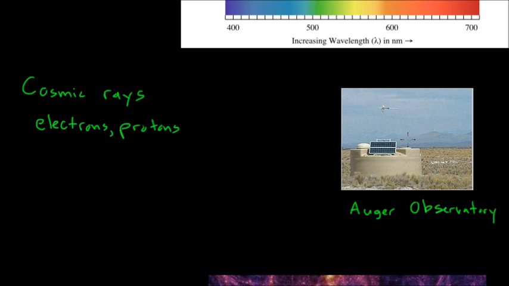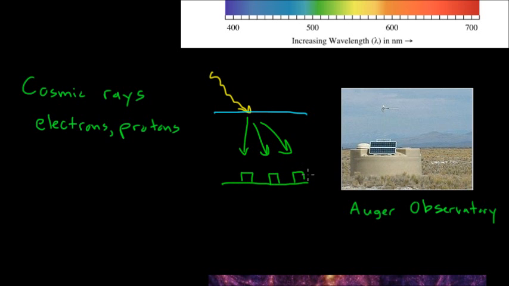And what they do is they look for when a cosmic ray hits the upper atmosphere, there will be a shower of different particles. There will be a high energy reaction and a shower of different particles that come down, and it's picked up by these tanks. This shower of particles is picked up by these tanks, and we can learn a lot about the rays that are being given off.